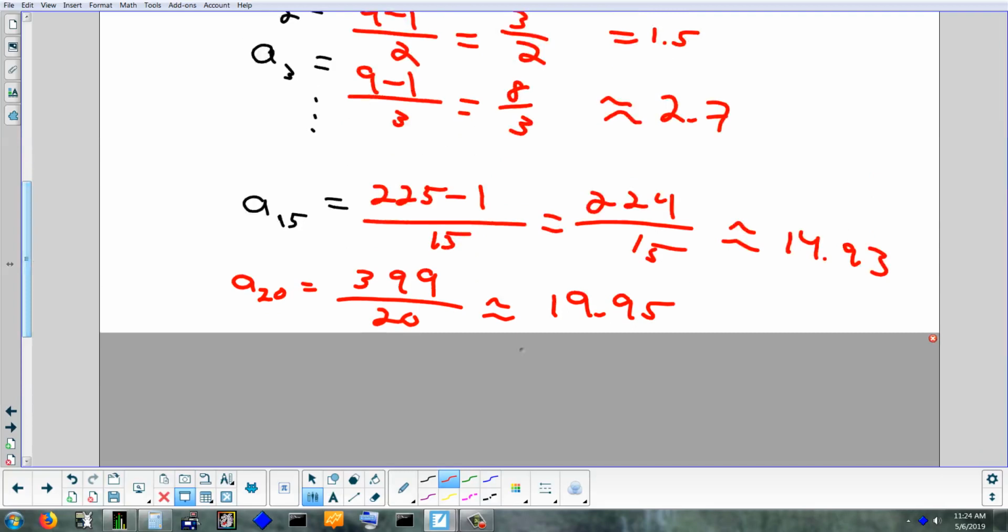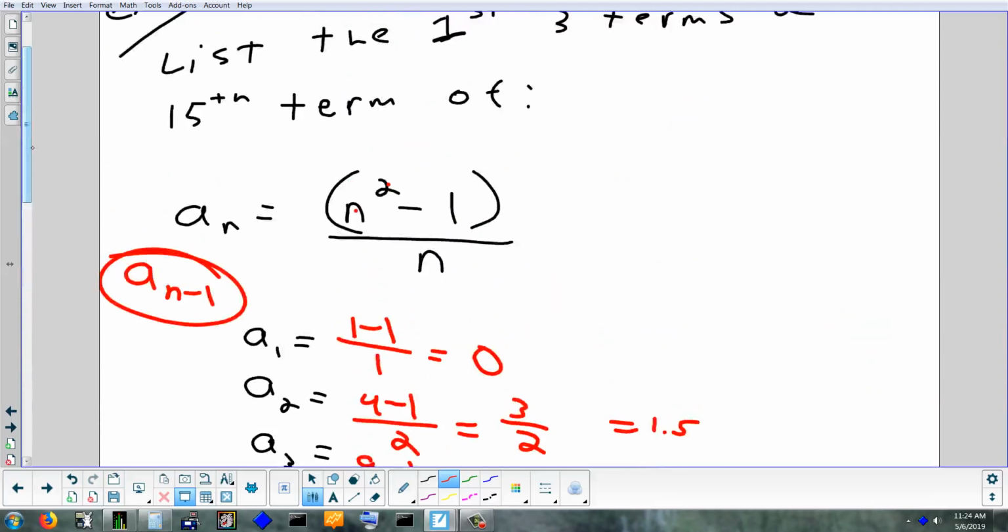Yeah. So what's happening here is as the terms go further and further in the sequence, the actual term is getting closer and closer to its position number. Right? So the 20th term is just a little less than 20. And that's because, look at your formula. If you have a number and you square it, say like a huge number, like 1,000,000. If you square 1,000,000, or you square 1,000,000 and subtract 1, is there that big of a difference between those two numbers?